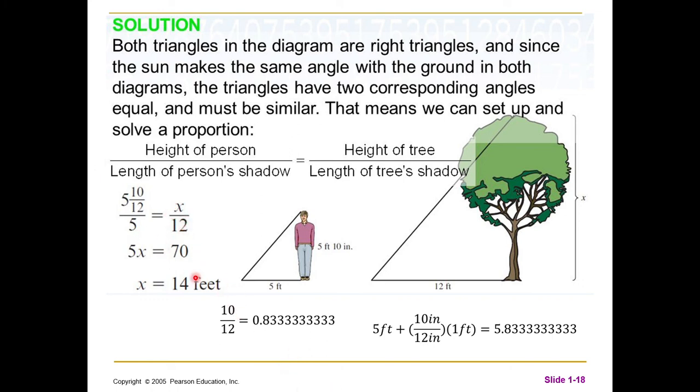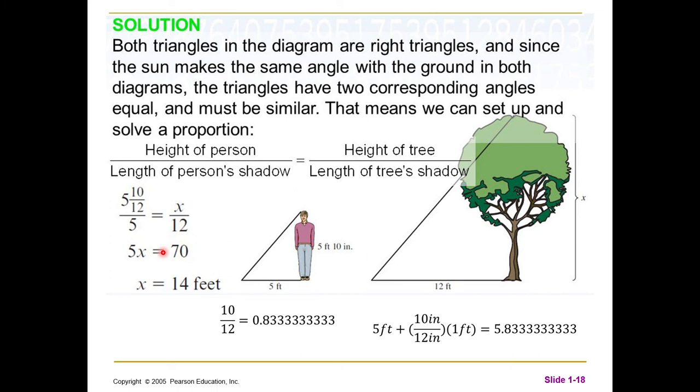So cross multiply. So 5.8333 times 12 is 70.